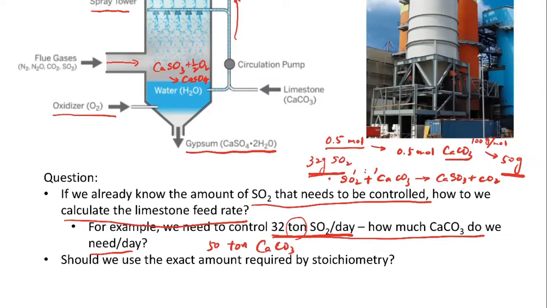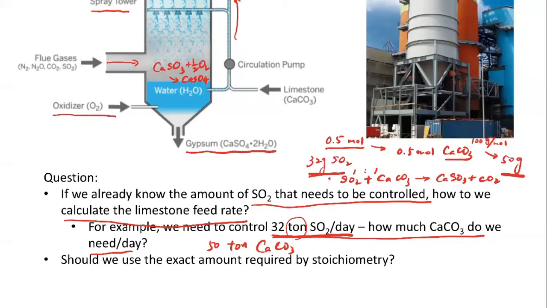Okay, so this is a very simple stoichiometric ratio question. If we know at which molecular ratio they're reacting, then we should be able to calculate how much of the calcium carbonate we need. And this is a general question we're going to face for the sulfur dioxide control, either the wet scrubbing or the dry scrubbing process.